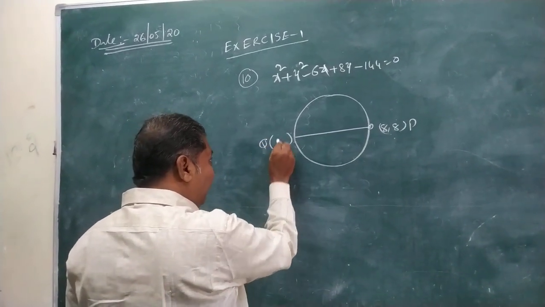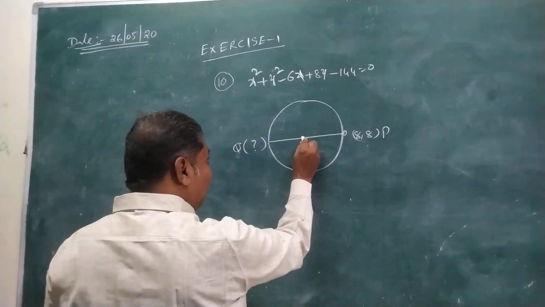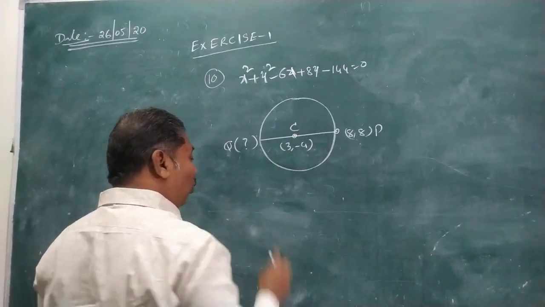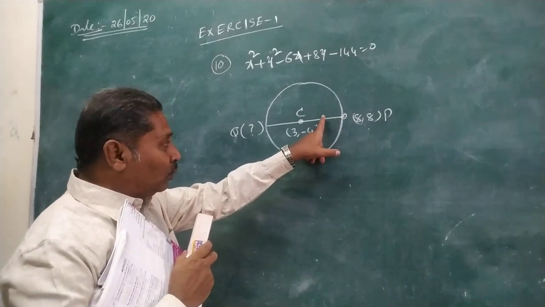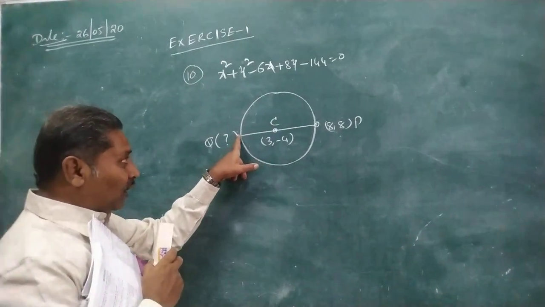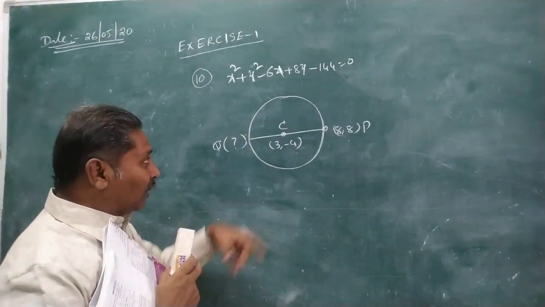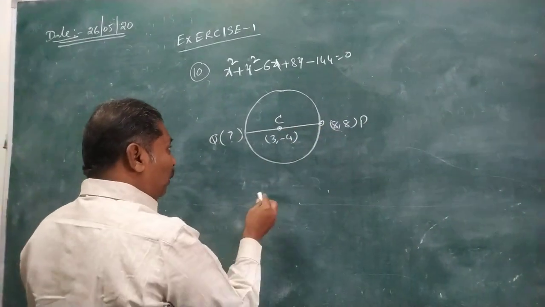So we want this point Q. The center of the circle is 3 comma minus 4. The normal line always passes through the center of the circle, so it is nothing but the diameter of the circle. So C is the midpoint of PQ.